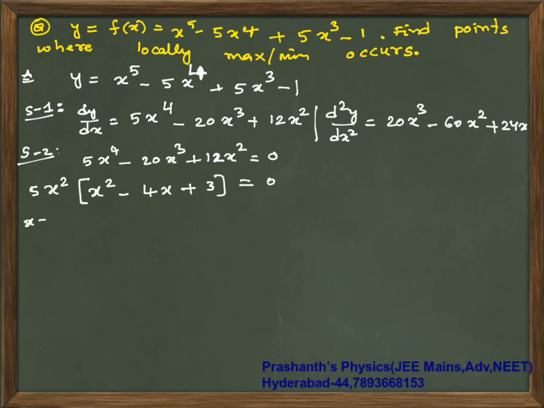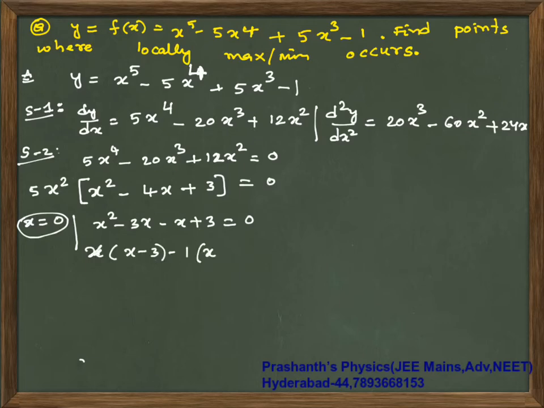So x equal to 0 is a critical point, and x square minus 3x minus x plus 3 equal to 0, that is x times (x minus 3) minus 1 times (x minus 3) equal to 0.